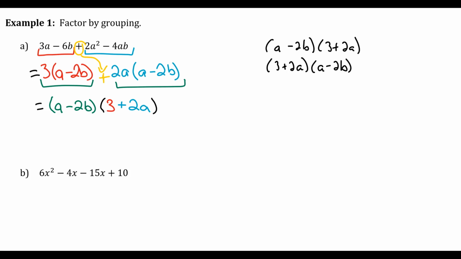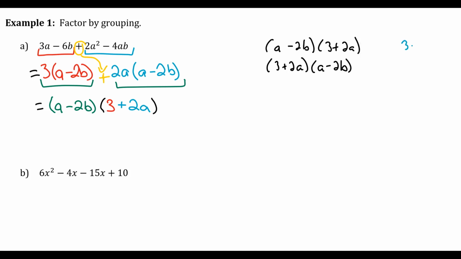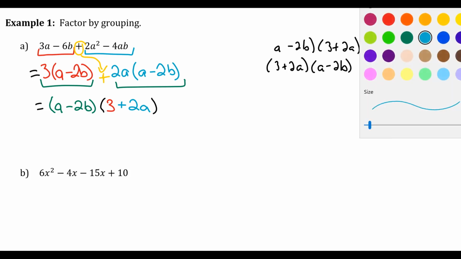The order of our factors does not matter, because think about if I have 3 times 4 or 4 times 3. They both equal 12. So it doesn't matter which order you write these in. You'll just have to make sure that they're the same. Okay?